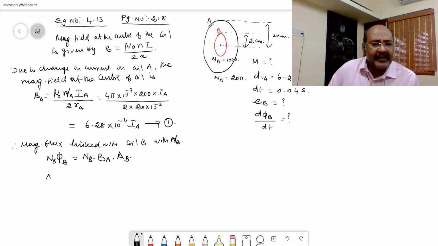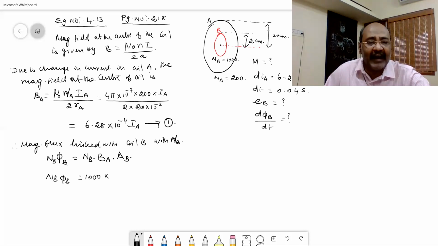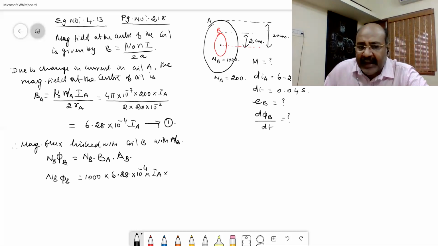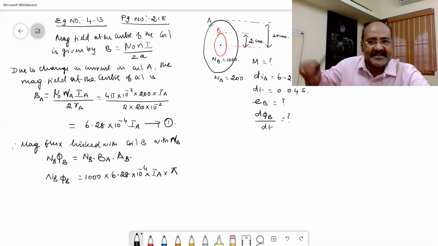Now I can write NB into phi B is equal to, what is NB? NB, we are considering it as 1000. Multiplied with BA. I have calculated the value in the previous case as 6.28 into 10 power minus 4 into IA. Multiplied with, what is the area of the coil B? Area of the coil B is pi r square, because it is a circle.